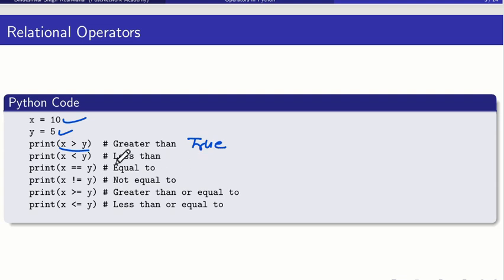This kind of output you will get. x less than y, no, that is false. Equal to, false. Not equal to, true, because both are not equal. Greater than or equal to, true, because x is greater than y. Less than or equal to, false.